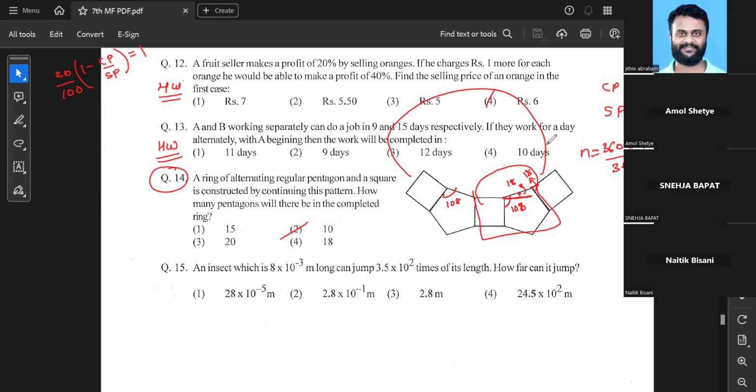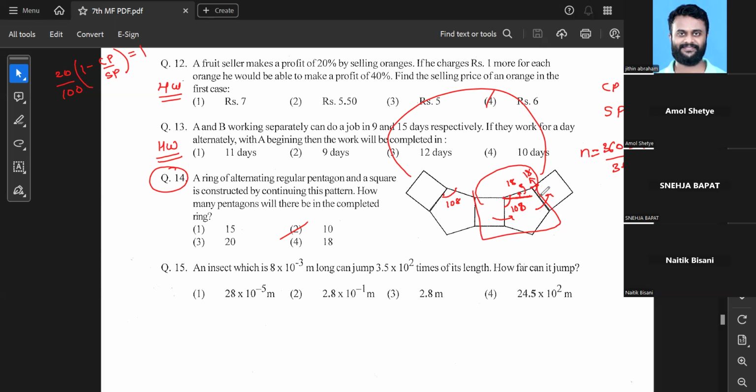Okay, such a shift has to go till 360. But this shift happened when we traveled from square to pentagon. Again from pentagon, we have to come back to square. So again 18 degrees will be shifted. So because of this pair of square and pentagon, the 18-degree shift is happening 2 times. So the total shift happening is 36.